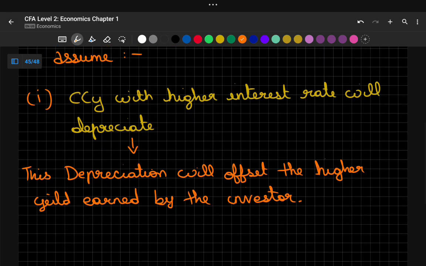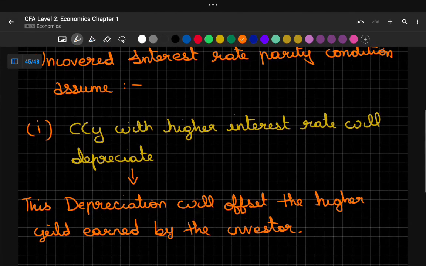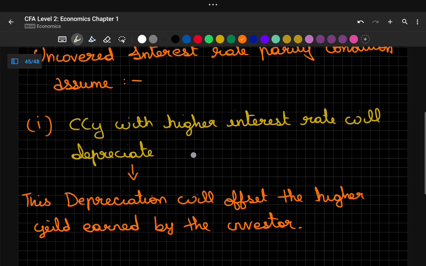And since INR would be appreciating, the higher return earned by AUD investment will get offset by INR's appreciation by an approximately equal percentage. That's what the uncovered interest rate parity condition assumes.